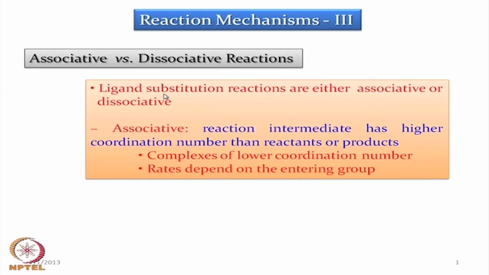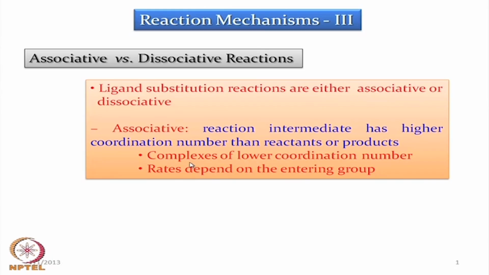When we talk about ligand substitution reactions, they can either be associative or dissociative. And when we have the associative reaction, we have seen that we can have an increase in coordination number. So, the reaction intermediate, leading towards the corresponding transition state, has higher coordination number than reactants or products. That means if the reactant is octahedral, we have 6 coordinated species, and the product is also 6 coordinated, but the transition state is 7 coordinated.